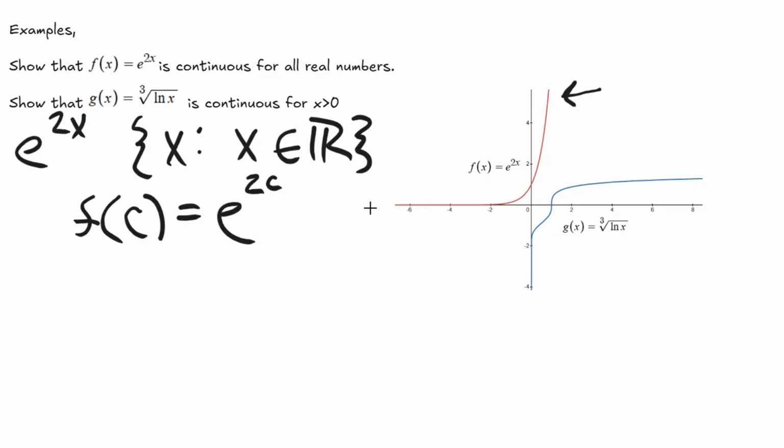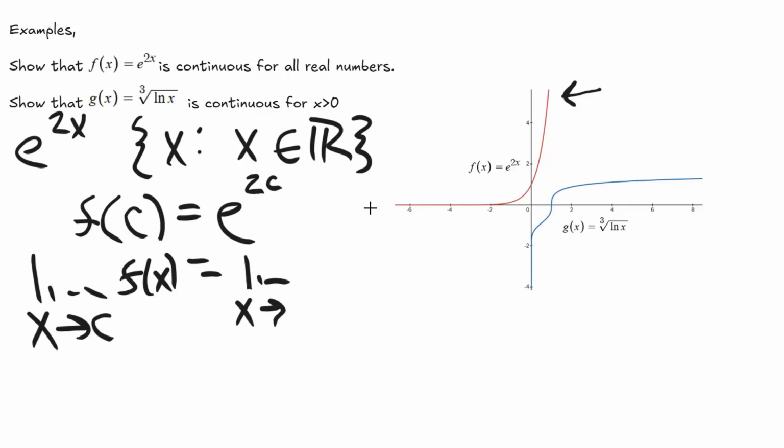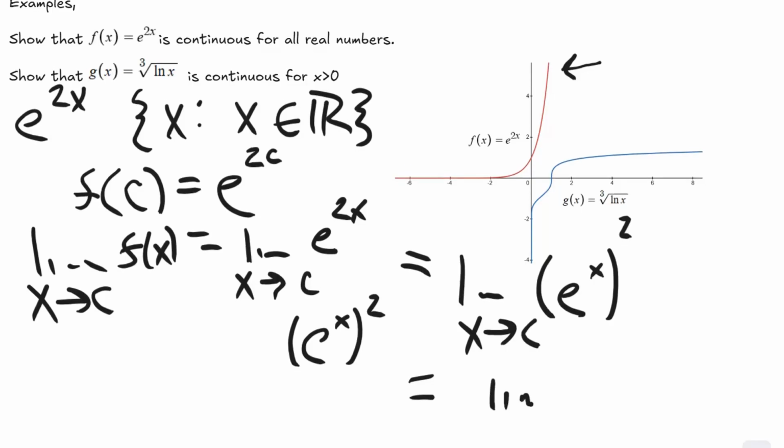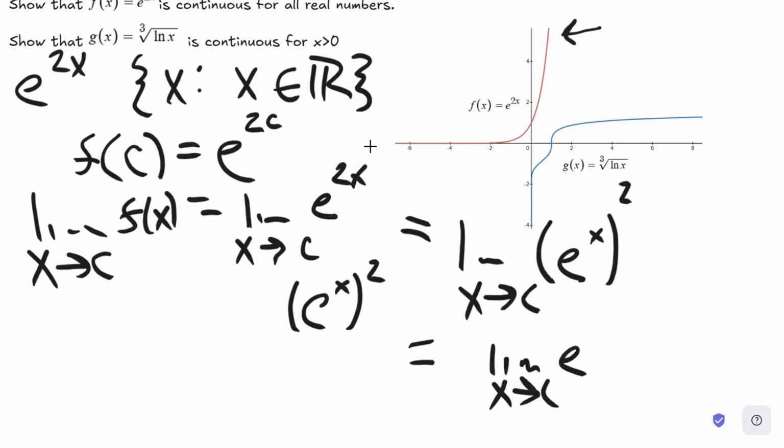For any number c, the limit as x approaches c of f of x is equal to the limit as x approaches c of e to the 2x. We can rewrite e to the 2x as e to the x, squared. And there is a power property for limits that says you can take the limit as x approaches c of e to the x, squared, and that limit is equal to the limit as x approaches c of e to the x, that limit answer squared.